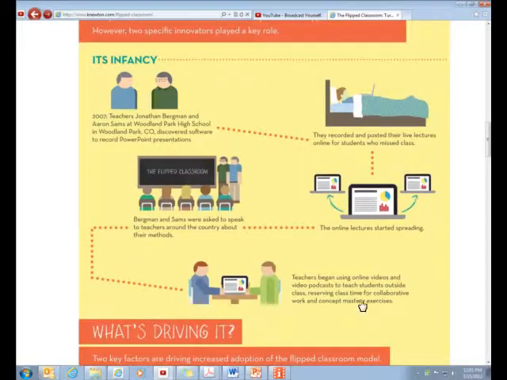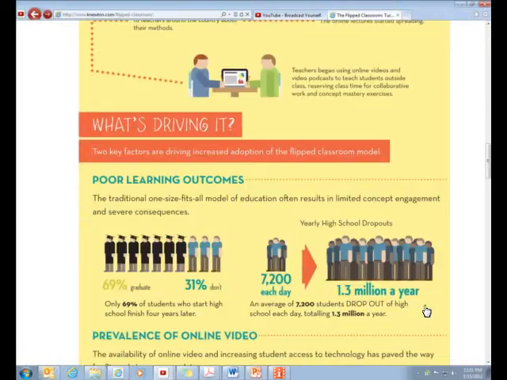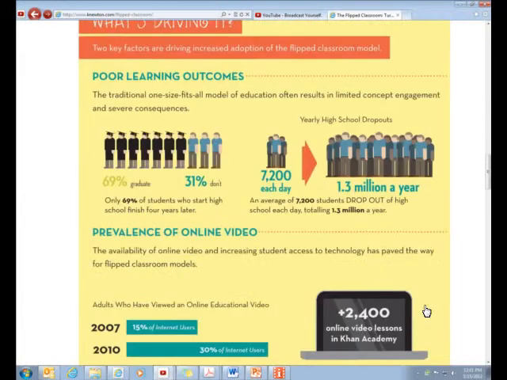Teachers began to use those online videos that they had created and followed their lead, using class time for collaborative work, concept mastery exercises, and actual application and active learning. So what is driving it are poor learning outcomes.